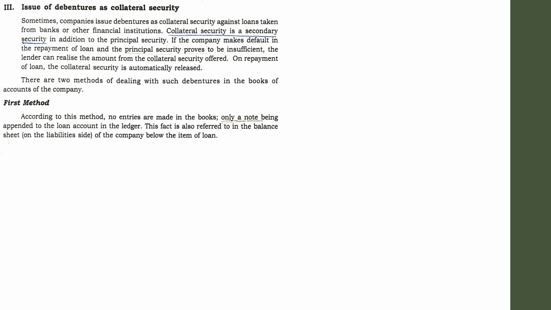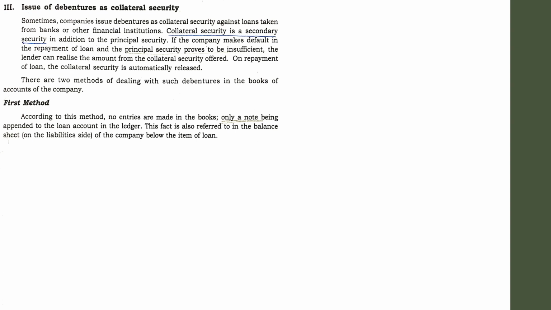First of all, the debentures may be offered to the bank. Then you will write an entry. When we repay the amount, interest or principal, they will give me back the debentures which were offered. So you have to enter the journal entry, the reverse of the first entry which you have passed.